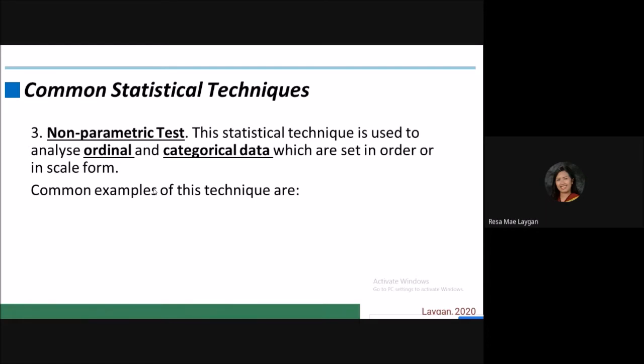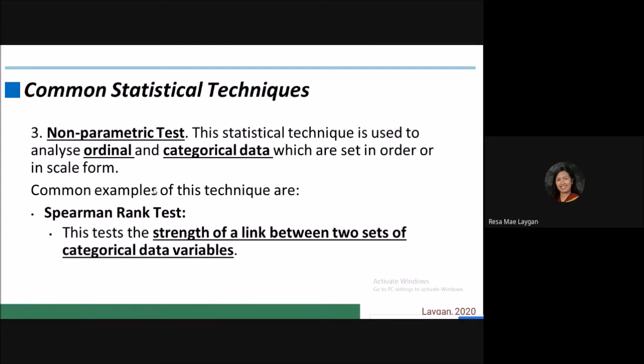And another non-parametric technique is the Spearman rank test. Actually, the Spearman rank test is the same as the correlation analysis, by which you test the strength of a link between two sets of categorical data variables.